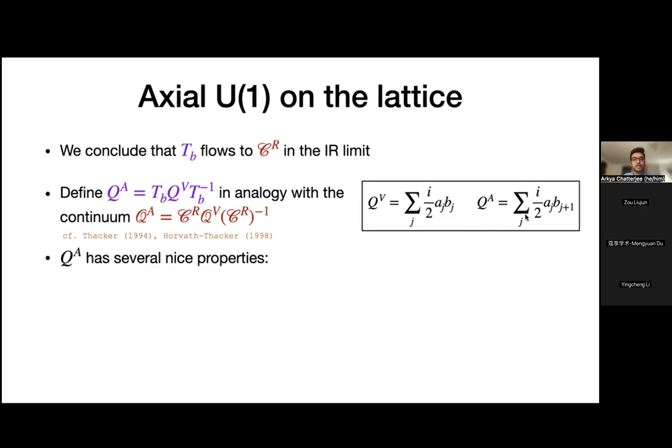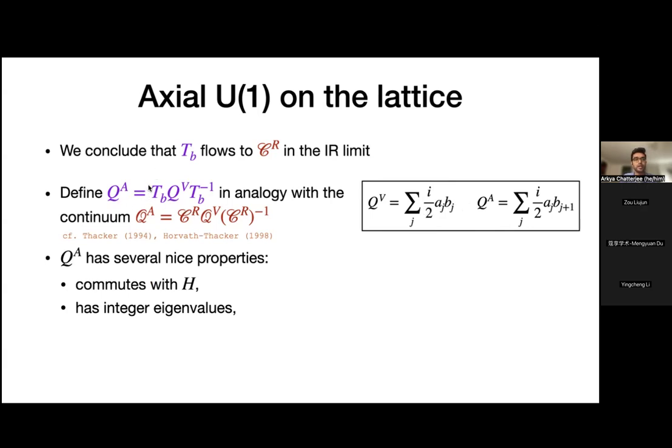And this QA has several nice properties. Firstly, of course, as we discussed, it commutes with the Hamiltonian. It also has integer eigenvalues. One way to see that is that we know this QV is just a number operator, which of course has integer eigenvalues, just counting the number of occupancy levels for each fermion.